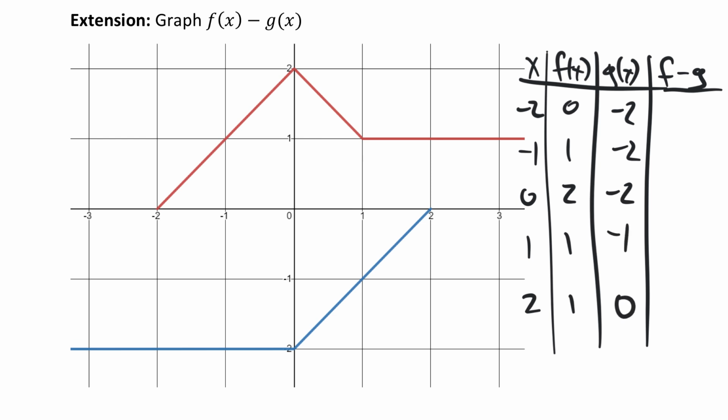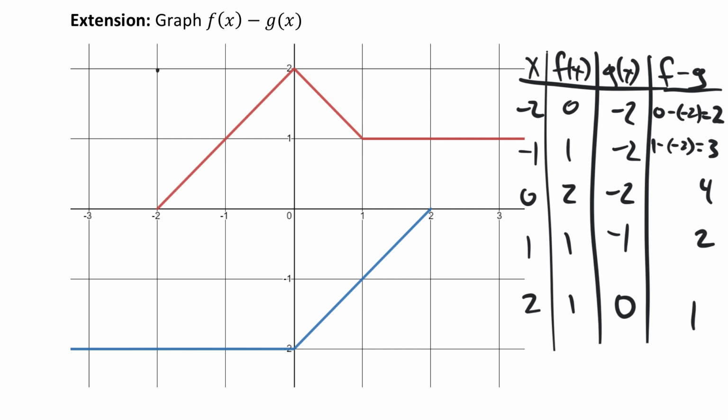Now to subtract them, 0 subtract negative 2 is going to be 2. 1 subtract negative 2 is actually 3. Then we're going to get 4, and then 2, and then 1.